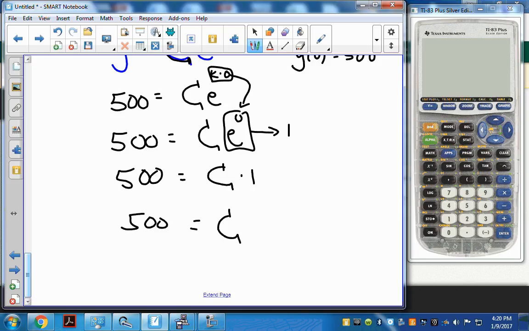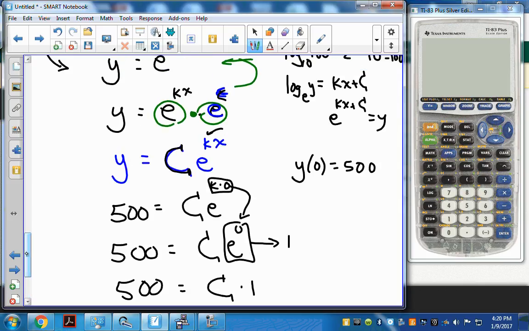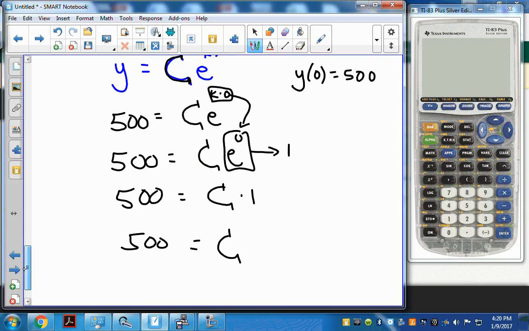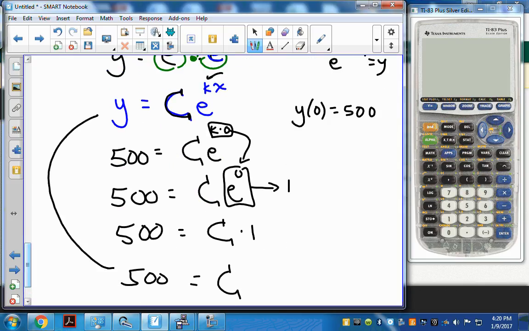Okay, we're going to put that back into our general solution, all the way back here. So now let's see what we have. We've got y is equal to 500 e to the kx, right? We've calculated that capital C to be 500.